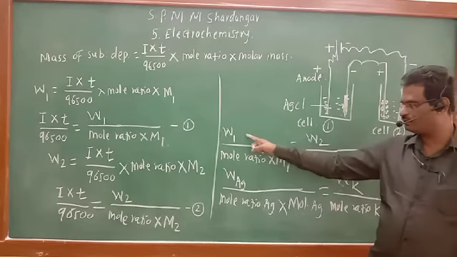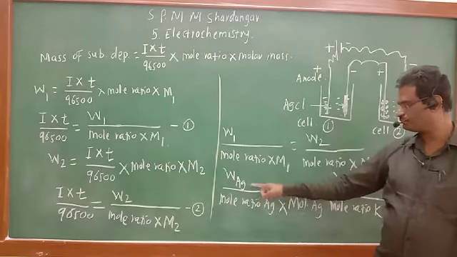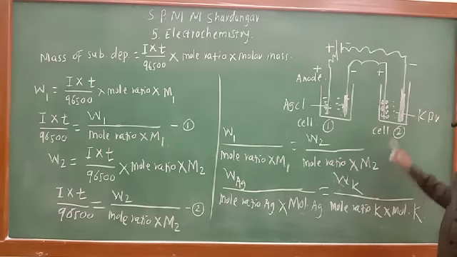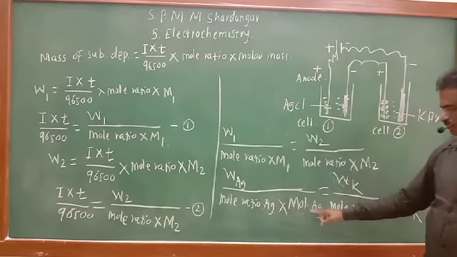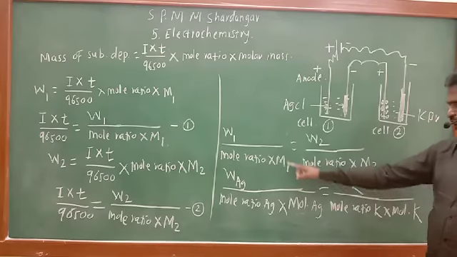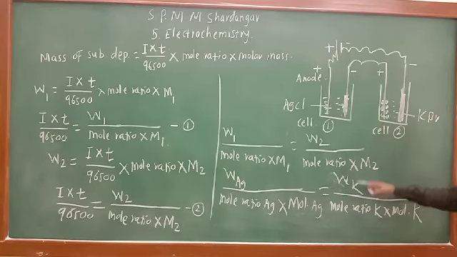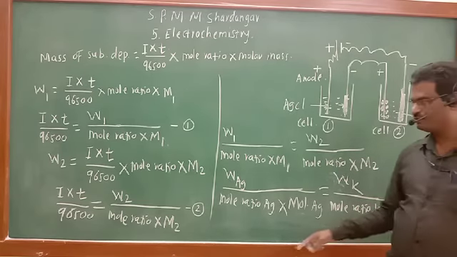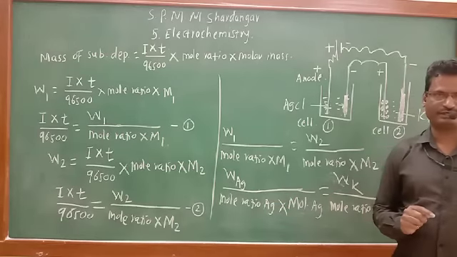What is W1? It is the mass of silver. What is W2? The mass of potassium. Here, mole ratio of silver and molar mass of silver; there, mole ratio of potassium and molar mass of potassium. So if we know the mass of potassium deposited, we can calculate the mass of silver deposited.